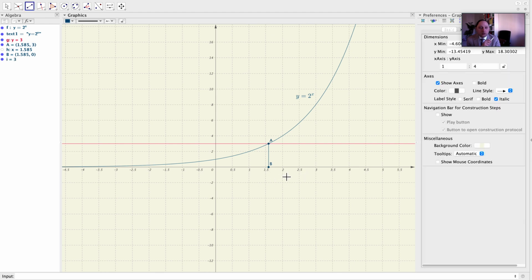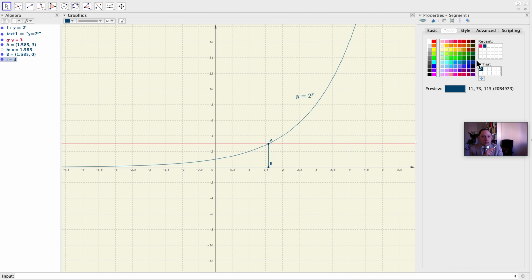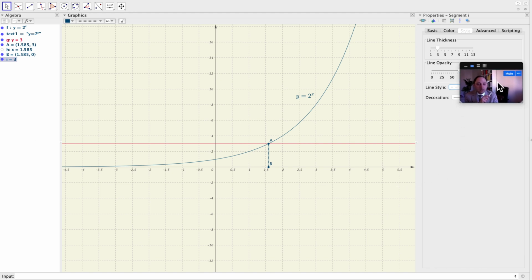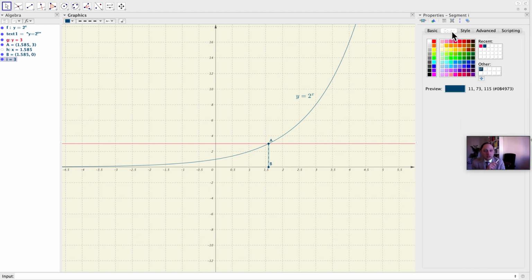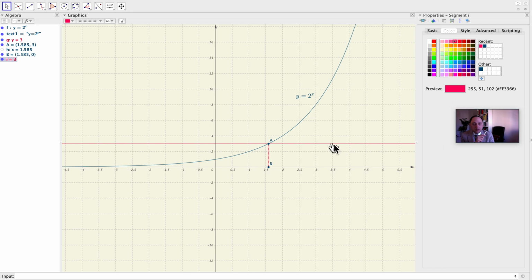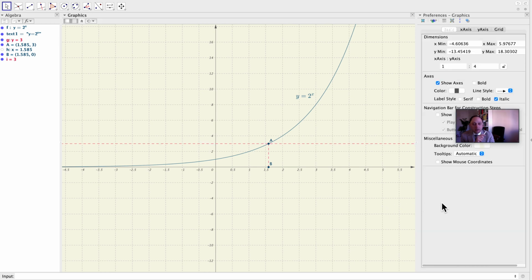Then I choose this line again, and let me change this style to the dashed ones, so here everything is now perfect. I think it's better to change the color as well to red. Let me change the style here as well to dashed ones. Okay, now everything seems fine.